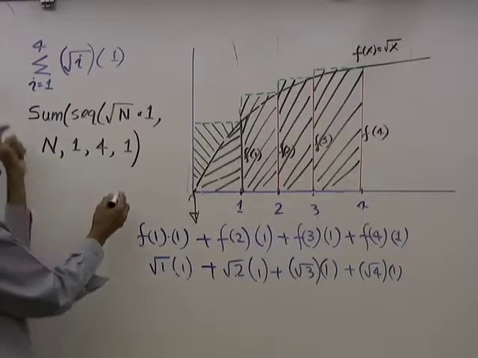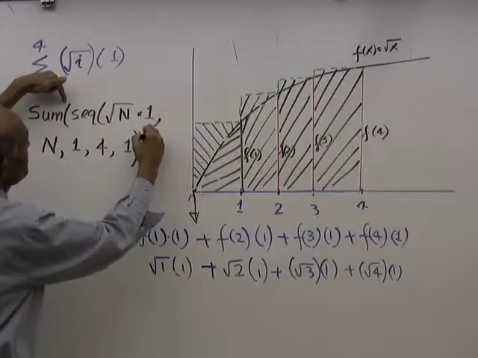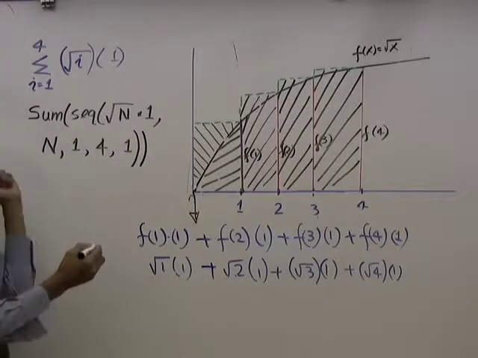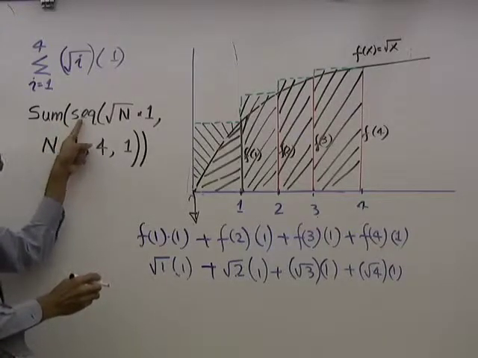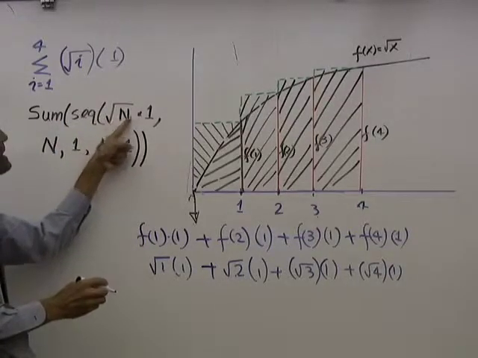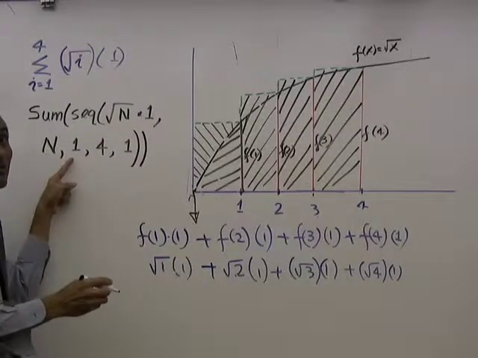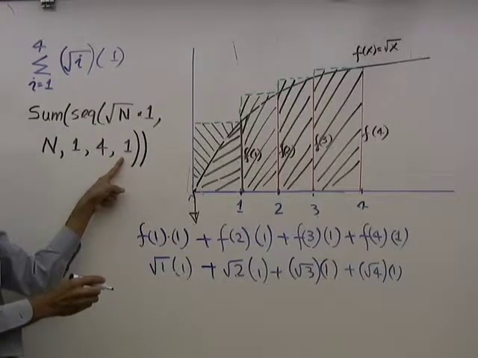If you look here there are two parentheses, so you need to close that parenthesis there, otherwise the calculator will give you an error message. What does it mean? Sum the sequence square root n times 1, n going from 1 to 4 in steps of 1. That's the meaning of that.